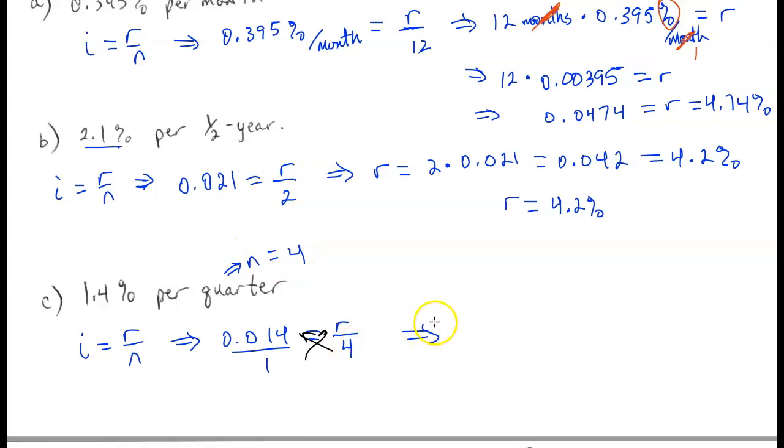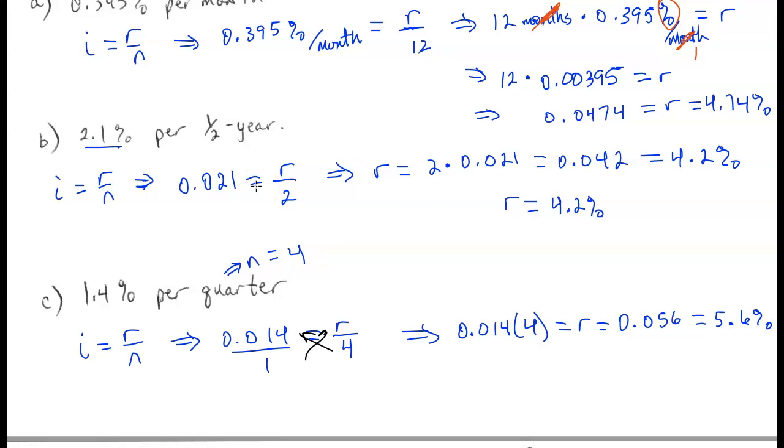So here, if I do that, then I have 0.014 times 4, and that just equals R. And of course, when I multiply that together, this ends up just being 0.056, which is the same as 5.6%.